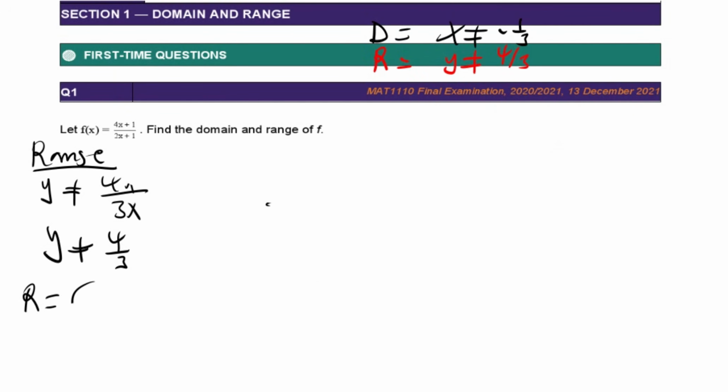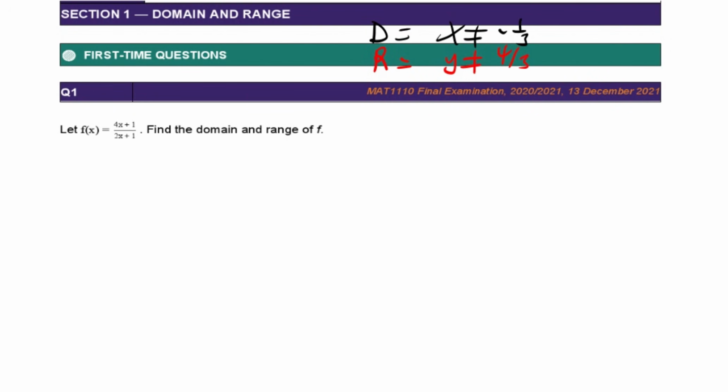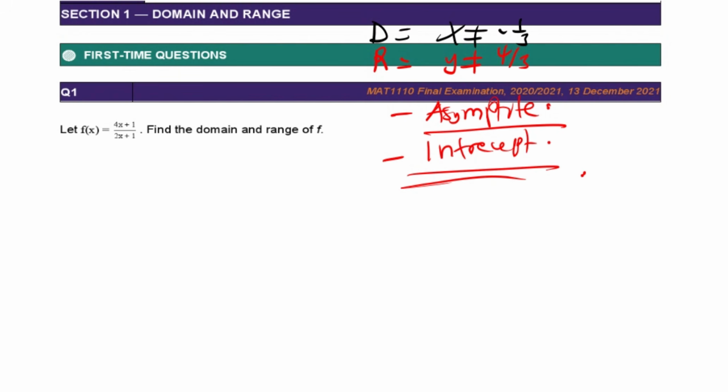Whenever you are trying to sketch a rational function, you need just to know three things. You need to know what we call the asymptote. You need to know what we call the intercept. I think these two are enough. Under asymptote, we have what we call the x and y asymptote.